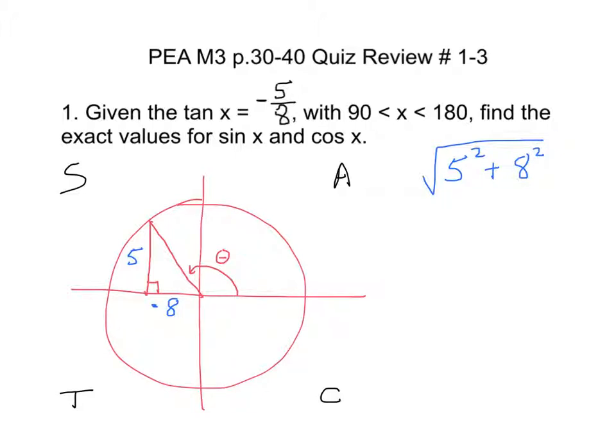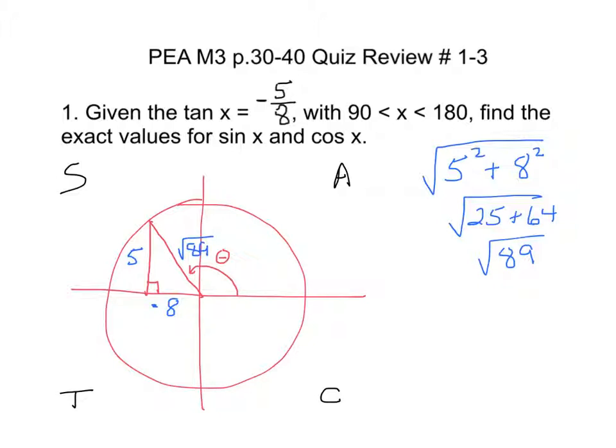It is a -8, but when we square it, it's going to be positive anyways. So that ends up being square root of 25 plus 64, which is square root of 89. And just leave it like that. We want an exact value, square root 89.